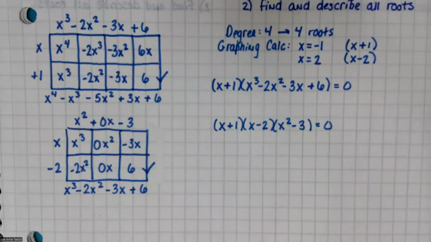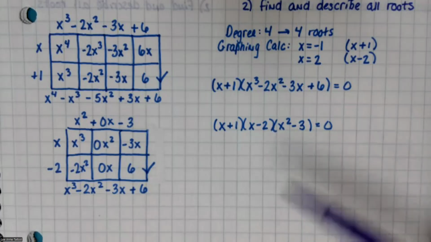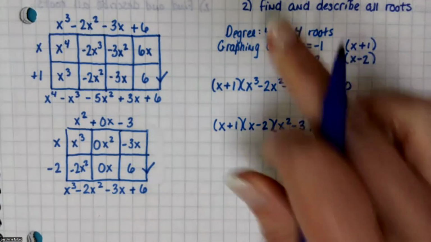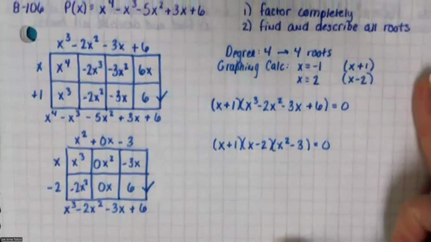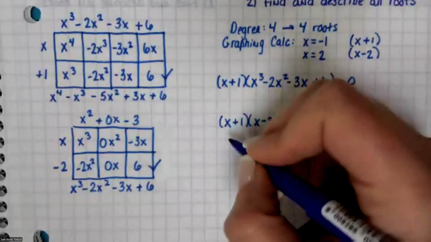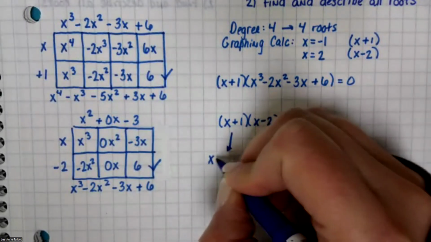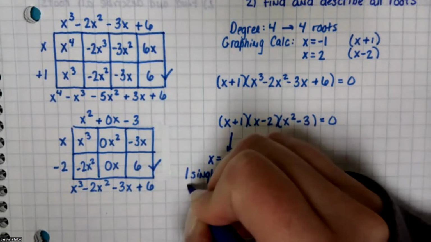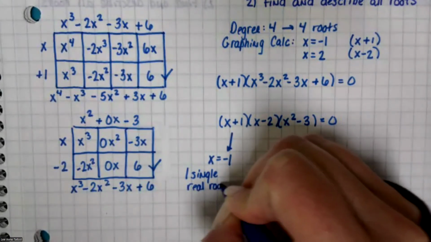Do you understand what to do if that had been diamond and boxable? You'd have to diamond and box this part. Okay, so I factored completely. Yay. Now find and describe all roots. X equals -1, one single real root.